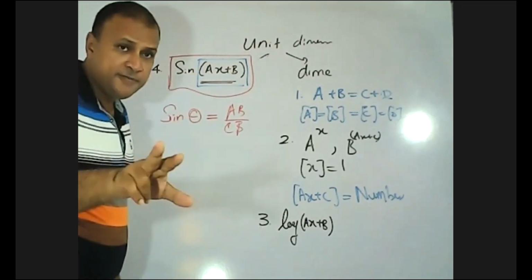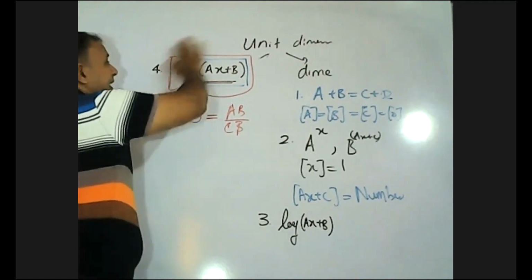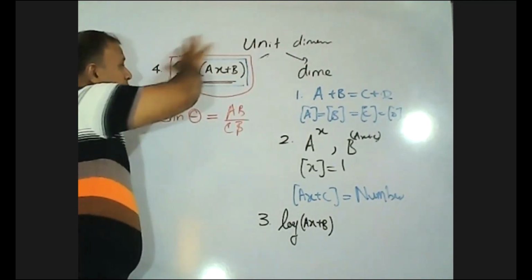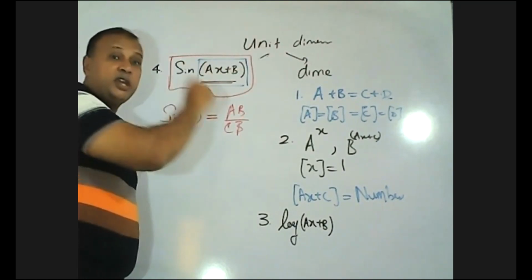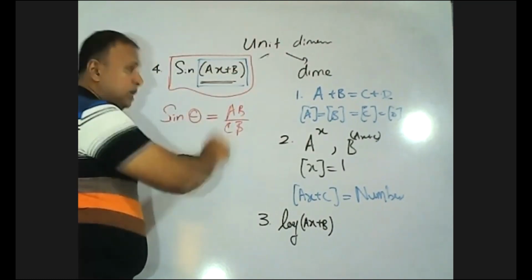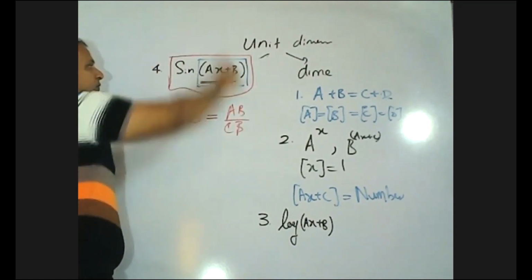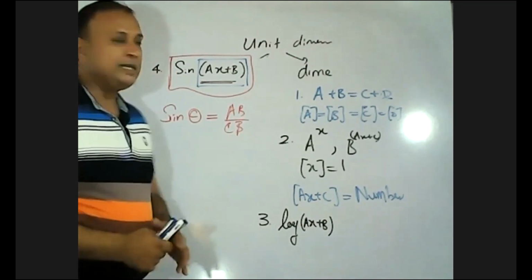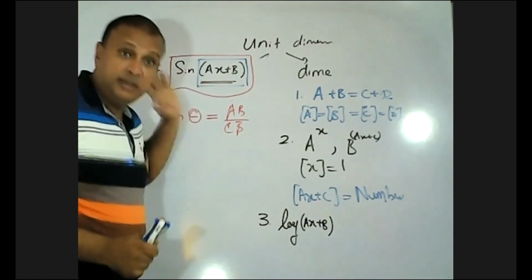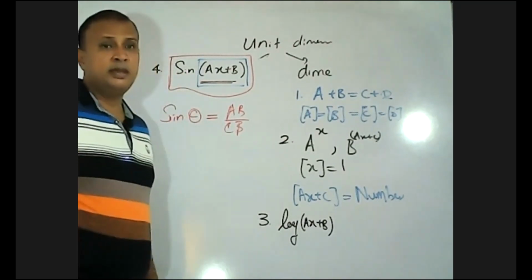What is the reason for that? The reason is the entire part is a trigonometric ratio. The trigonometric ratio is a ratio between two lengths. Due to that reason, a trigonometric function doesn't have a dimension. Okay. Therefore, if we take a trigonometric function, there are two subcategories.